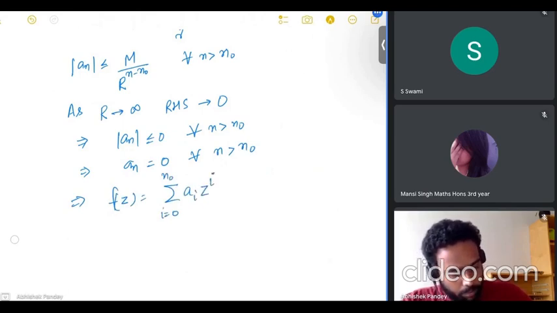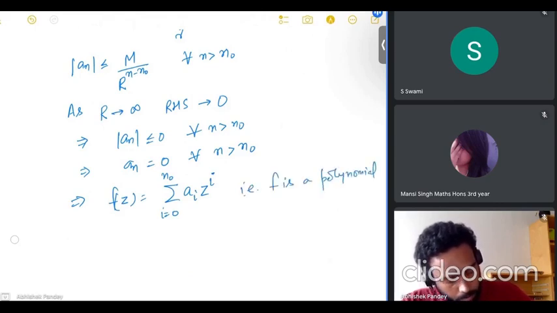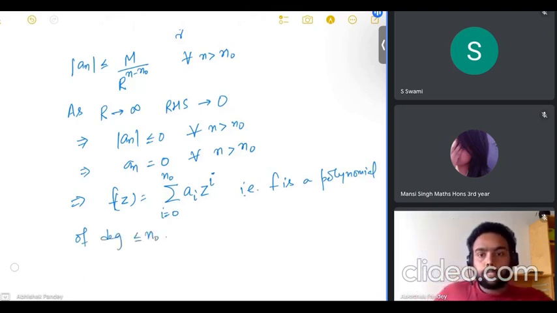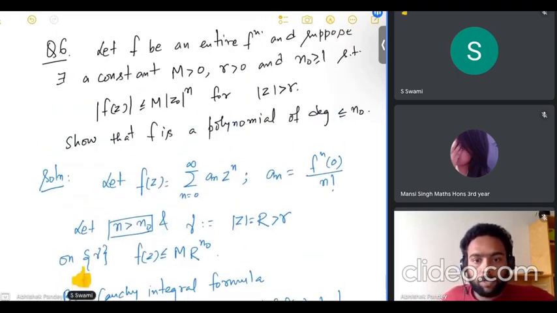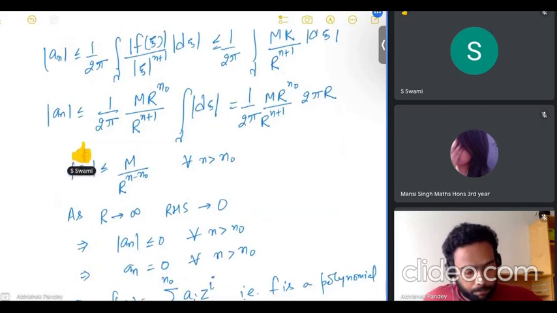That is, f is a polynomial of degree less than or equal to n_0. Is it clear? So we have only used the Cauchy integral formula.